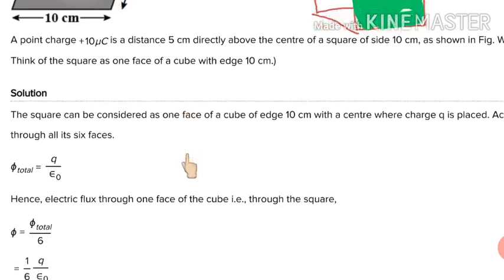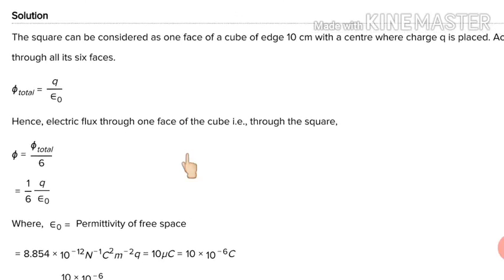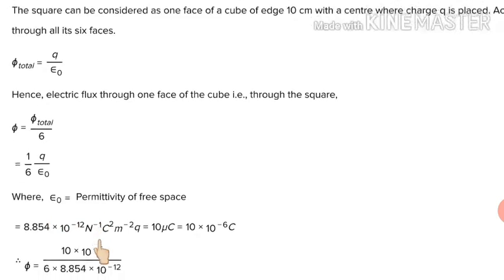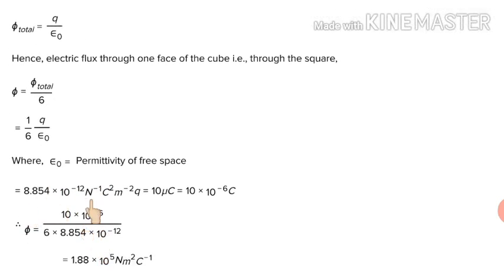So the flux through one face of the cube, that is through the square, will be phi equal to total flux divided by 6. And what is total flux? It is Q upon epsilon naught. Epsilon naught is the permittivity of free space, a constant whose value is this. Q is given to us as 10 microcoulomb, which can be written as 10 into 10 to the power minus 6 coulomb.